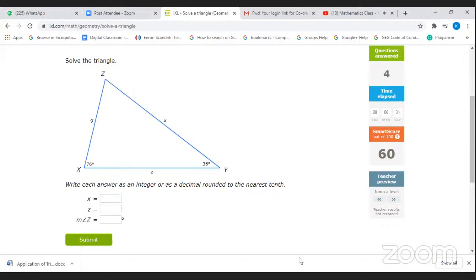Yeah, let me just pick up my pen. Okay, so we can see we have been given this, and then we have also been given this angle. And luckily, we have been given the opposite of this. So we have been given 9, and its corresponding angle.